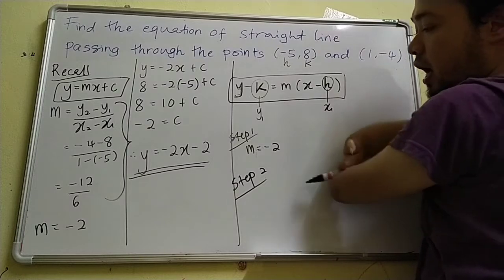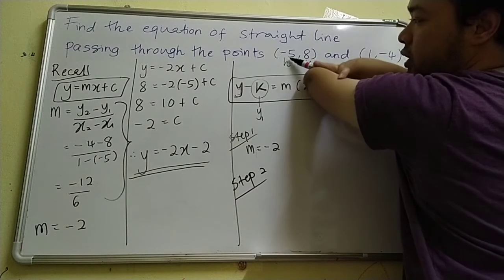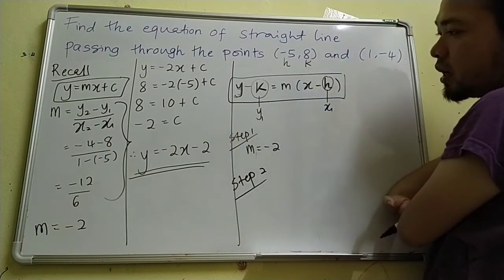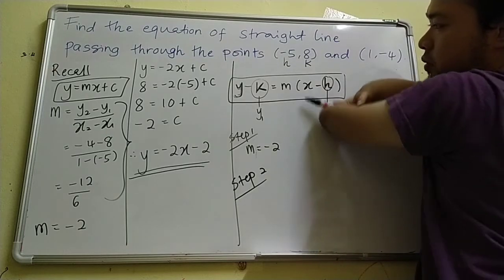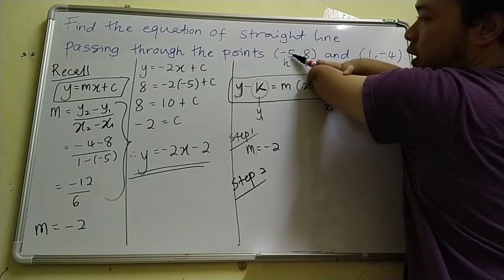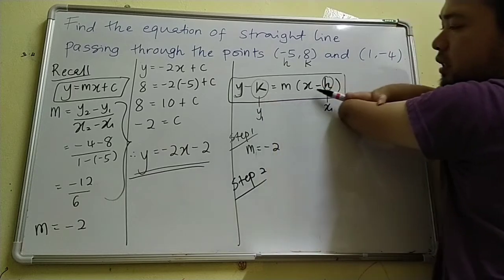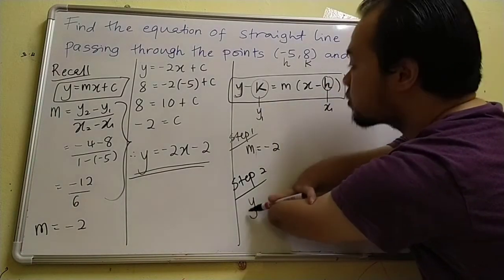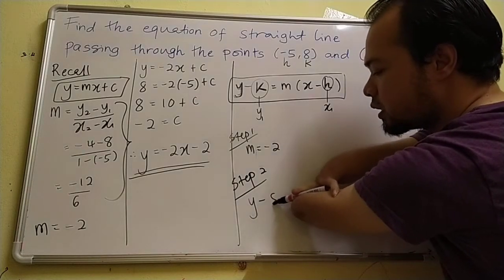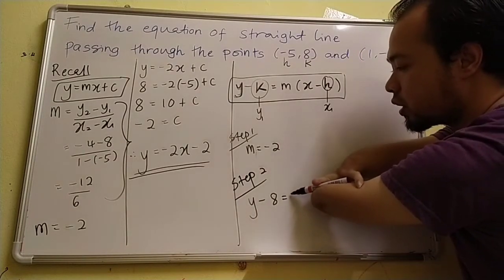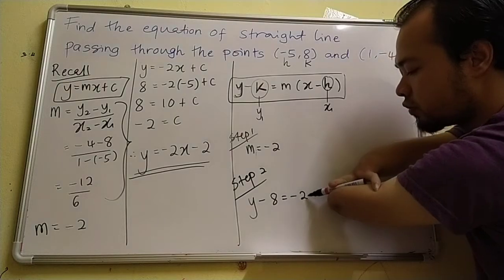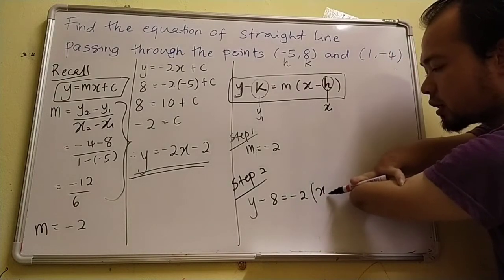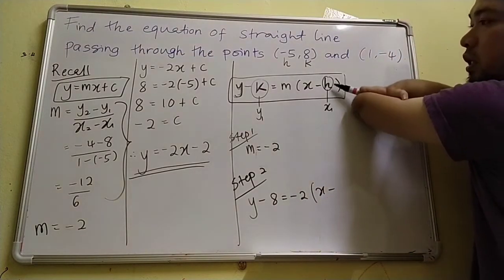So I already assigned that H is negative 5, K is 8. What you need to do next is take the values 8 and negative 5 and substitute them inside the formula. So it's going to be y minus 8 is equal to M, which is negative 2, in bracket X minus what is H?